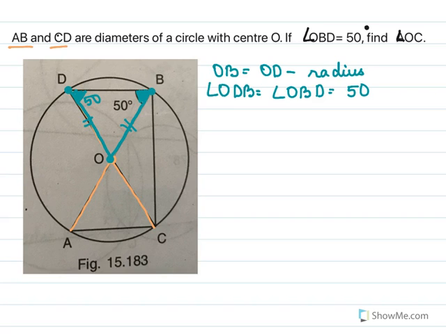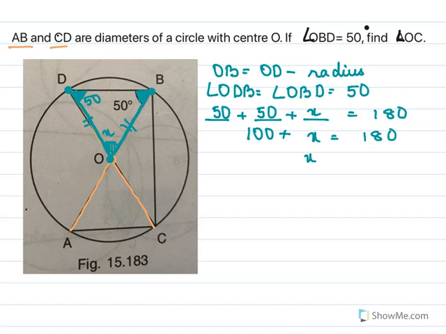Now here again in the same triangle I have three angles, 1 plus 2 plus 3, and that is 180, which is 50, 50, and here I have angle O. I put it as X, equal to 180. So 100 plus X is 180, and X is 180 minus 100.